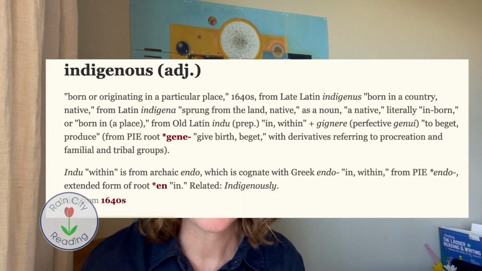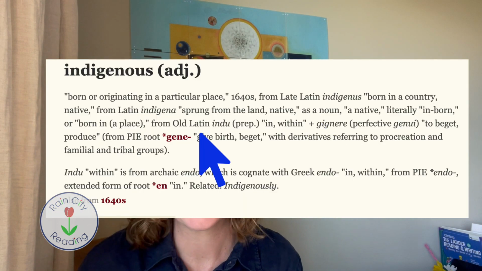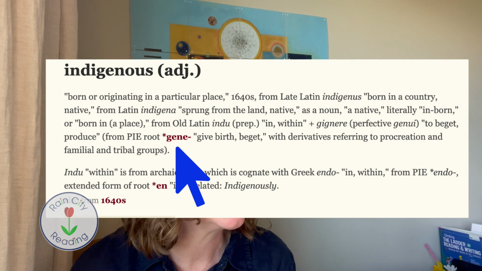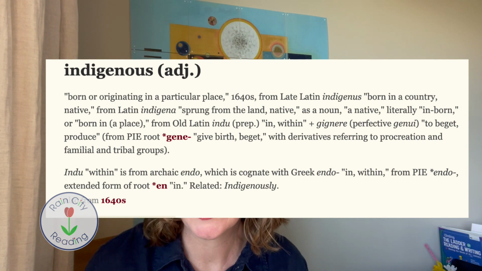So you can track it from the Late Latin to the Old Latin, and then all the way down into the Proto-Indo-European root. Immediately you're going to get some big clues.